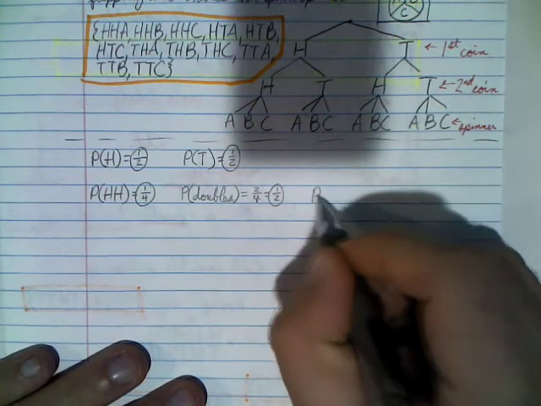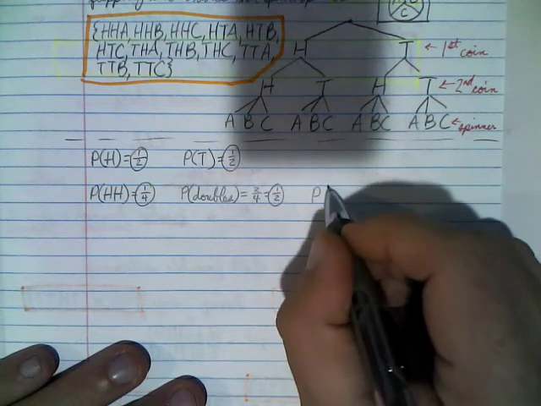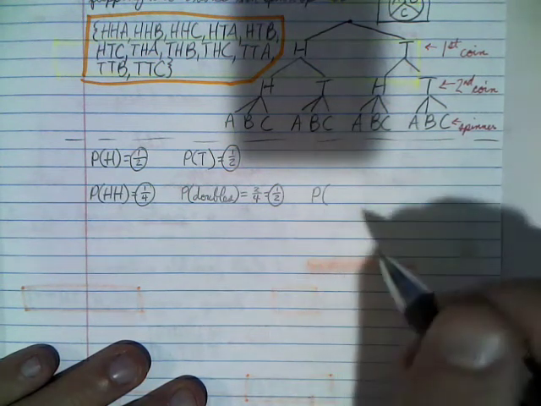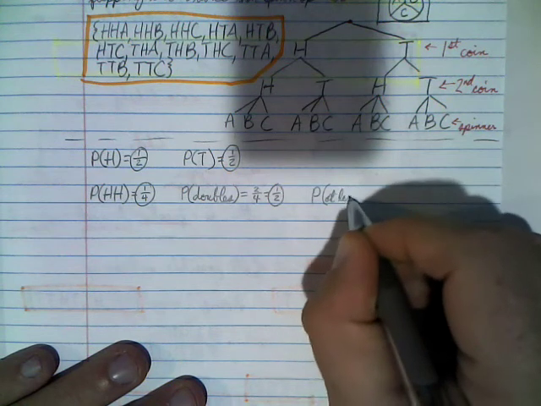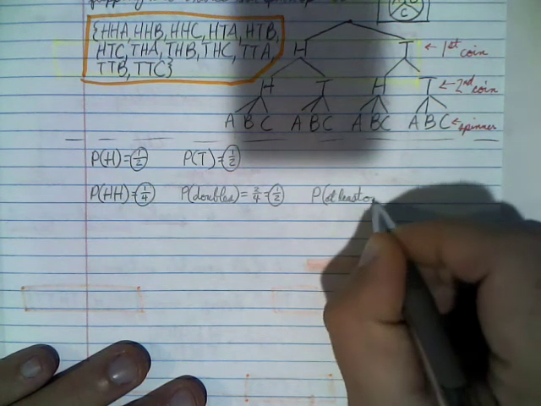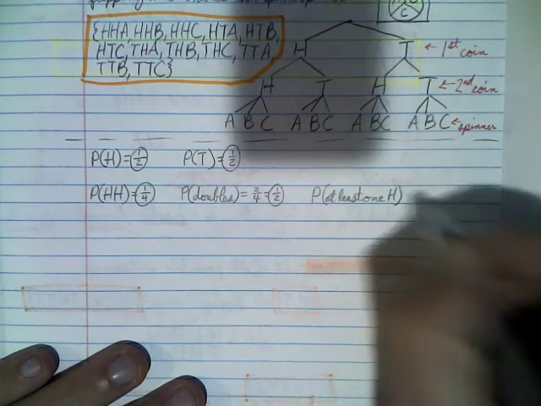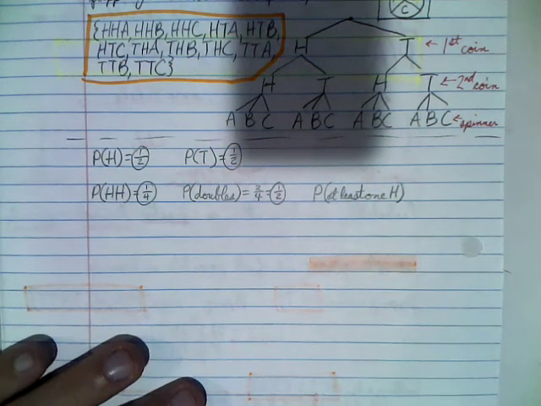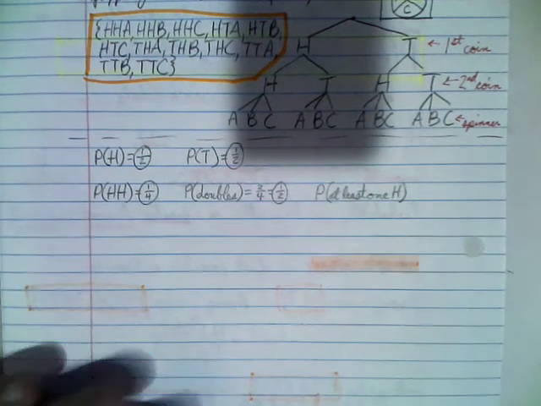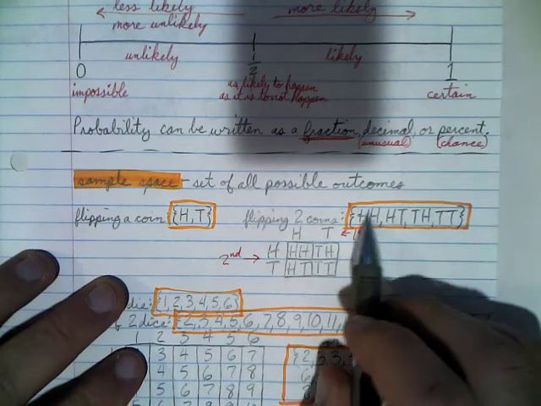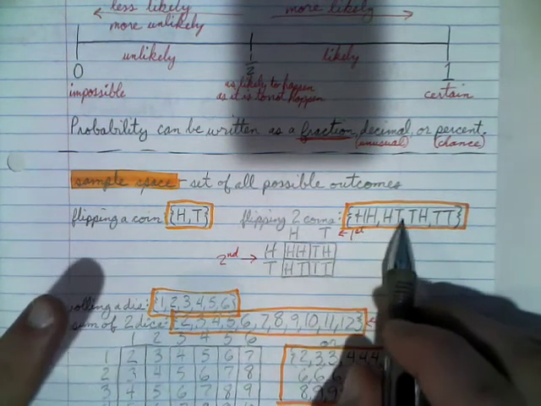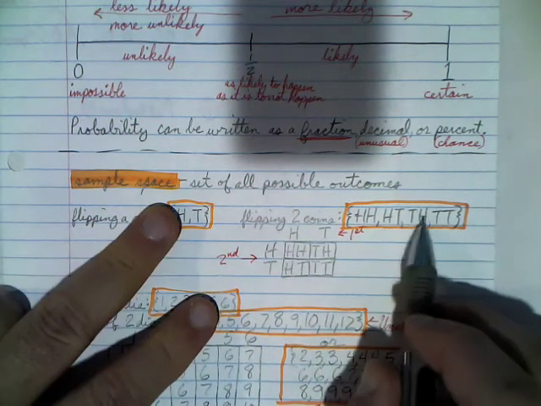So how about the probability of at least 1 head? How many of these outcomes match having at least 1 head? Well, this has at least 1. That's 1. This has at least 1. That's 2. This has at least 1.